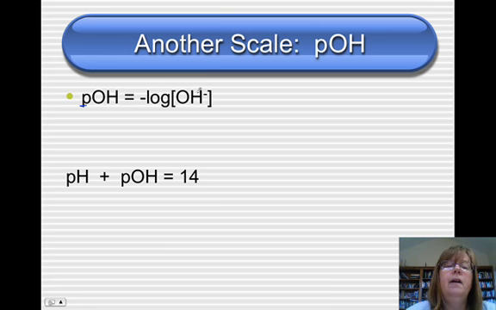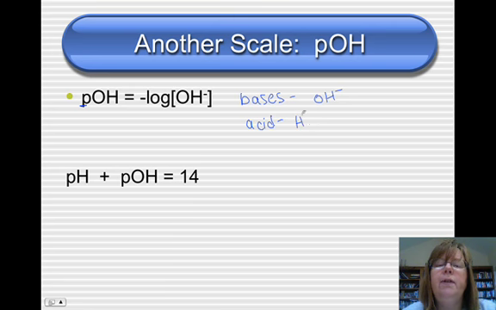This is the negative log of the hydroxide ion concentration. Now, bases are known as producing hydroxide ions in solution. Remember we said if you were looking for an acid, be on the lookout for that H out front. So we said, hey, that's an acid, hydrochloric acid, and we had nitric acid because of that H out front.